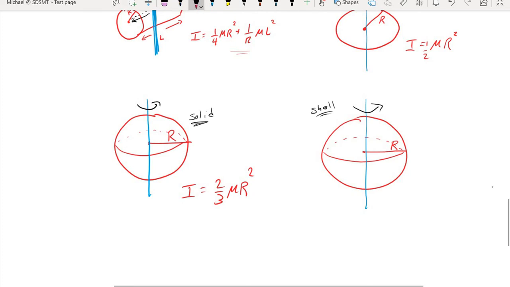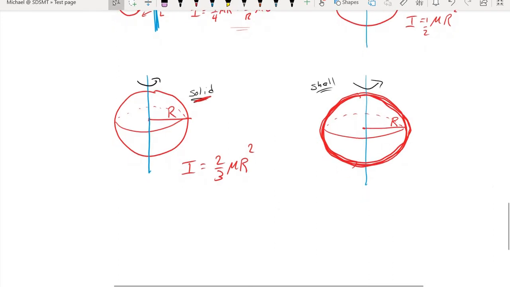So we have a very thin shell. All the mass of this sphere is now contained within a thin shell at radius r, whereas this sphere had all of its mass distributed uniformly from the center point out to r.